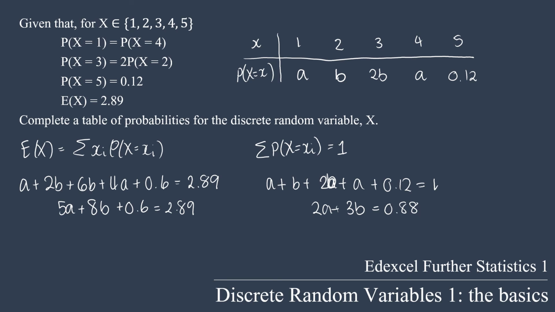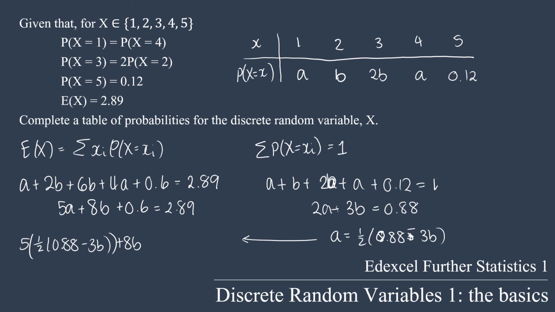And that is it. For a method mark for simultaneous equations, I would expect to see something like an equation rearranged for one of the variables, and then it's substituted into the other equation. If at that point you then had used your calculator and jumped to the answer, and there had been a mark for the simultaneous equations, I would humbly suggest you probably got the mark by that point, because you've written an equation in just one variable.